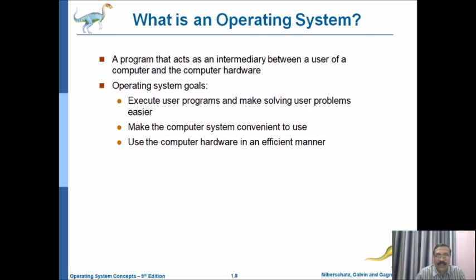So that is why whenever you are opening a laptop and sitting in front of a laptop, you are working over the platform of an operating system, or Windows. For example, here Windows.